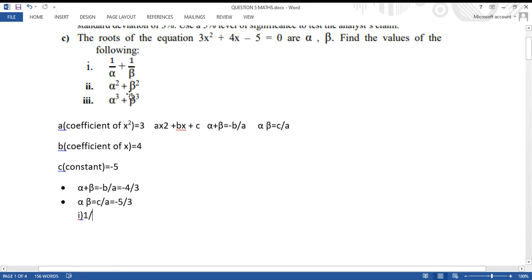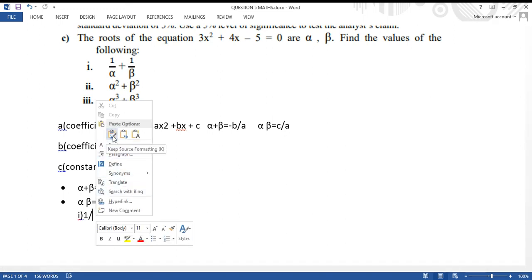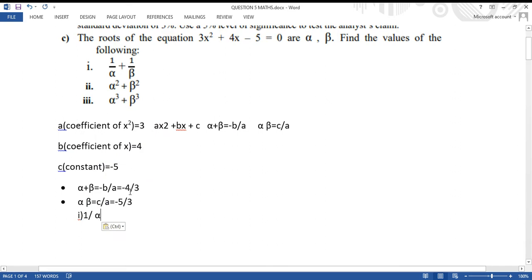All right, so we're going to start with our first one, 1 over alpha plus 1 over beta. This one is definitely coming on your quiz. That's the first thing we're doing.